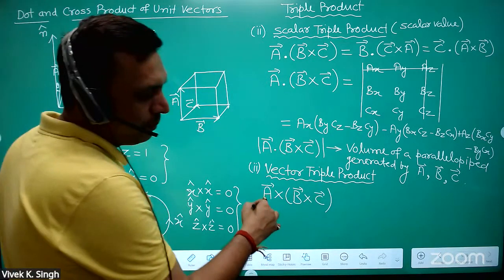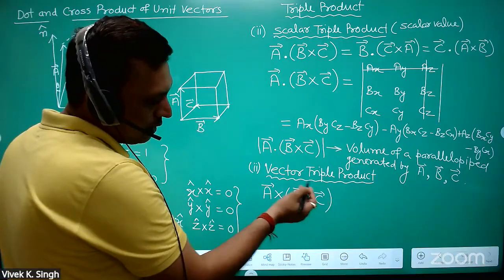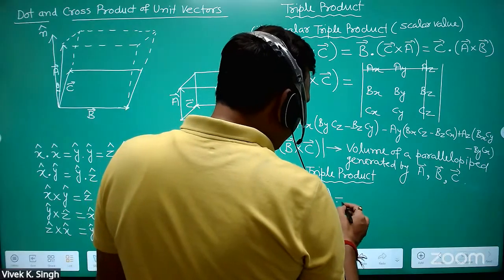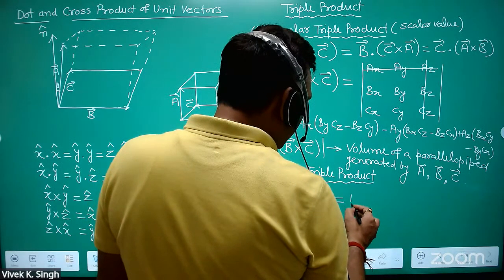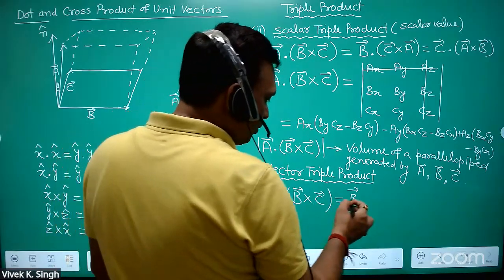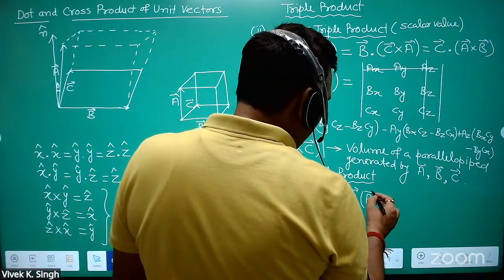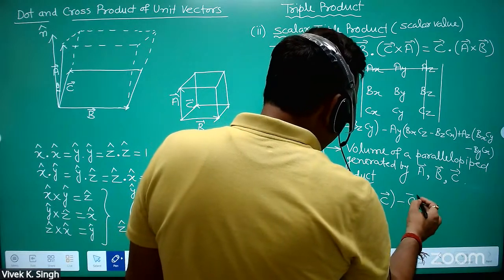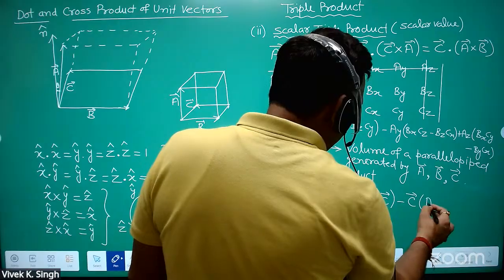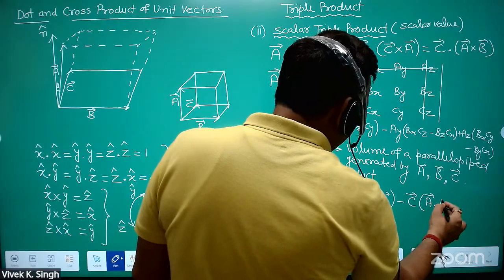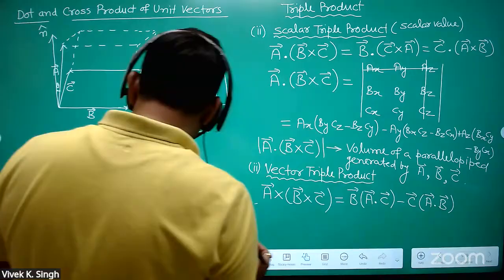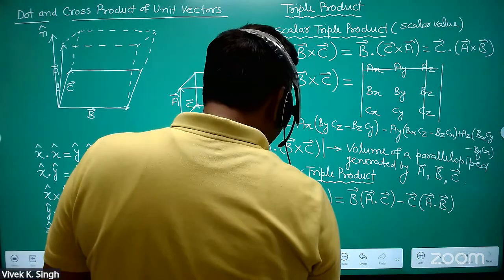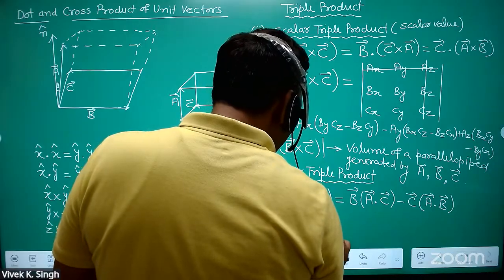First find B cross C, you will get a vector and then take the cross product. But there is a rule to calculate it. We call it the back cab rule. Because this will be a vector quantity, this is B A dot C minus C A dot B. You can remember this formula. Normally we remember it as the back cab rule.